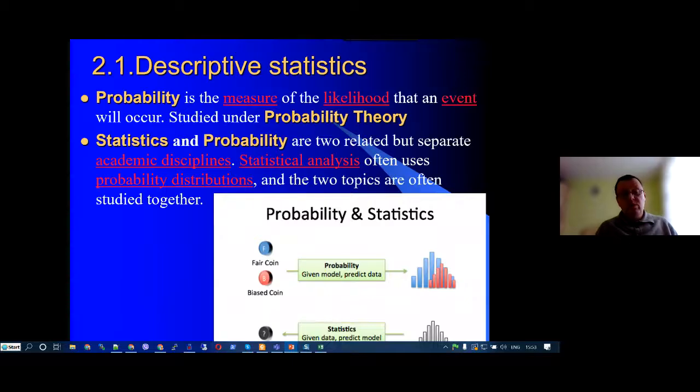And here it is important to notice the difference between probability and statistics, despite the fact that they are very tightly connected. Probability is a measure of the likelihood that an event will occur or not, and is studied under probability theory, which is also a branch of mathematics and a scientific area for studying research. Statistics and probability are 2 related but separate academic disciplines. In statistical analysis, we use probability distributions, and the 2 topics are often studied together.